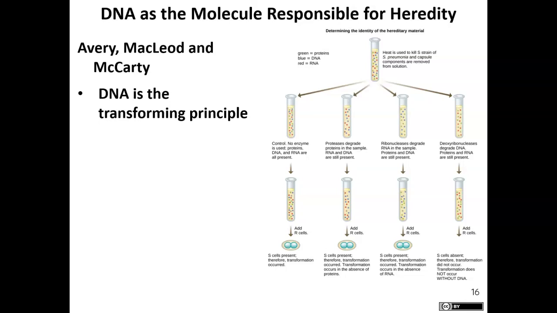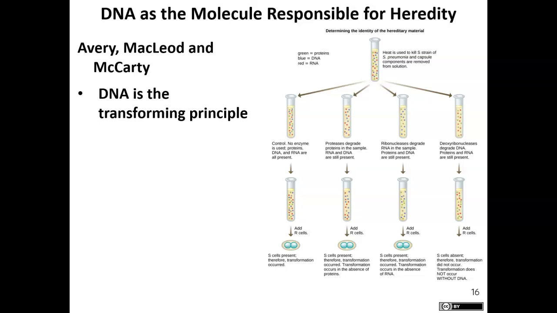So they had a control that just had the heat-killed capsules, and to that they added their rough cells. And what they found when they grew the bacteria on a media, they found smooth strain Streptococcus pneumoniae.